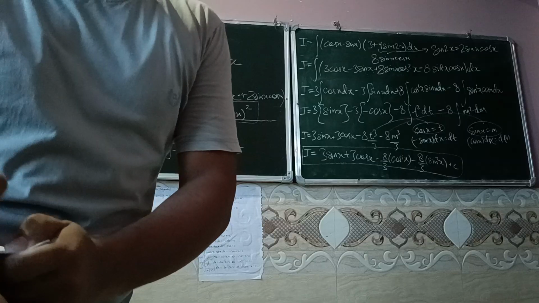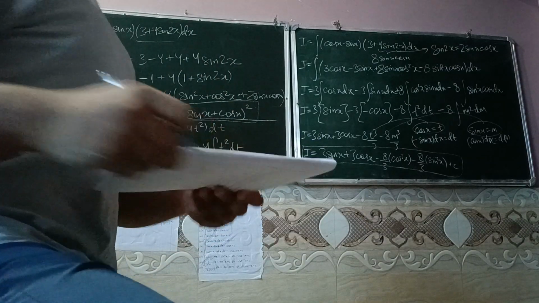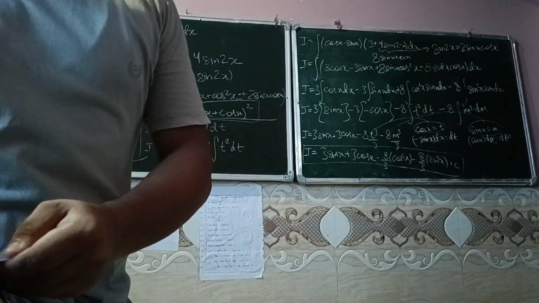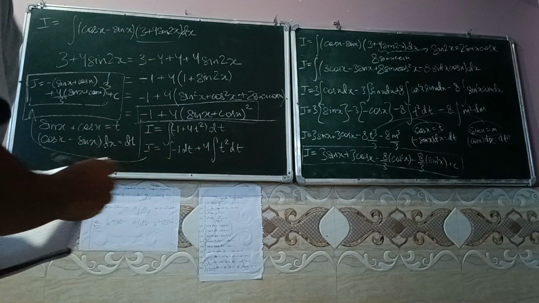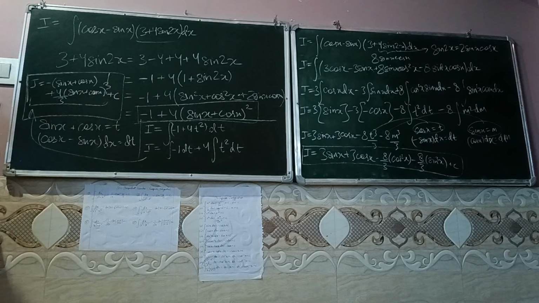So I as minus times sine of x plus cosine of x plus 4 over 3 times sine of x plus cosine of x whole cube plus c.